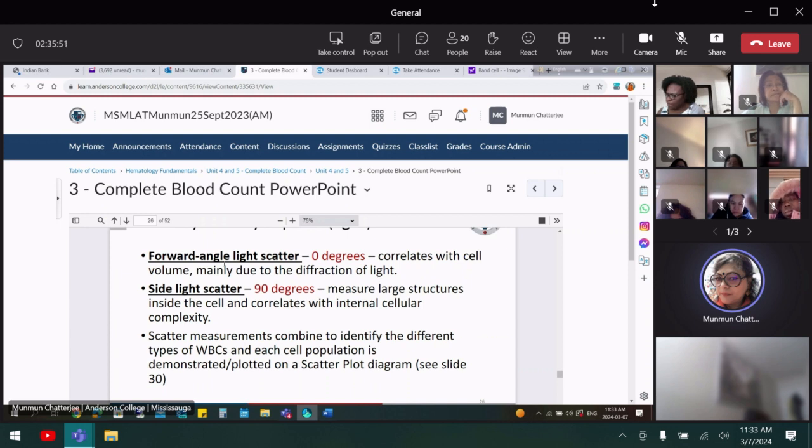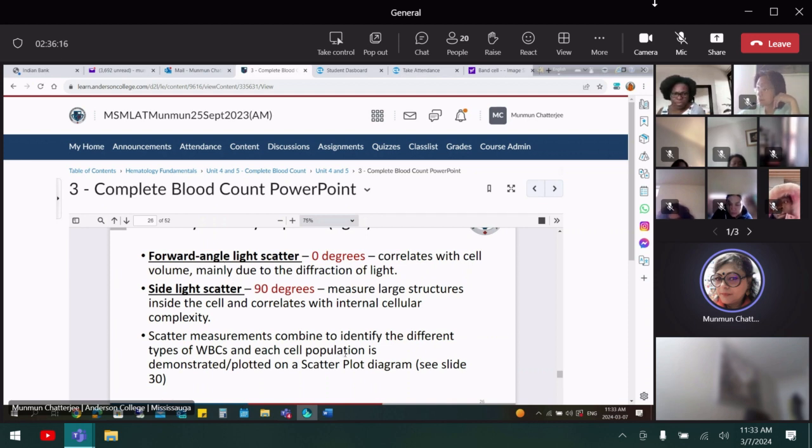It measures the structure inside the cell, which correlates with the internal cellular complexity. As I told you, different granules, size of the nucleus, whether segmented, what type of shape, everything. Side scatter gives you the inside cell structure complexity.